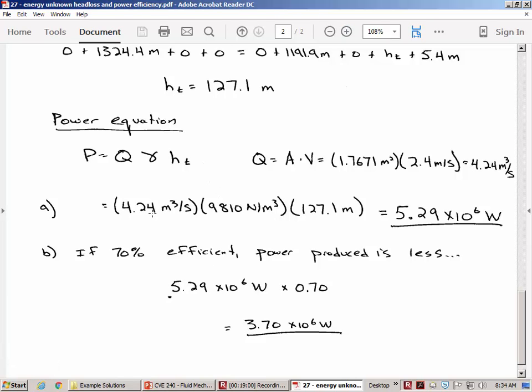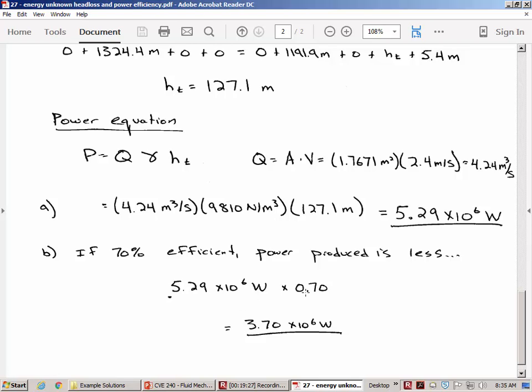Your Q, the unit weight of the fluid, and the turbine head is what gives you the amount of power that can be removed from the system, 5.29 megawatts, because it's 5.29 times 10 to the 6th watts. But that's assuming perfect conversion of the potential energy into electricity, and that's never the case.